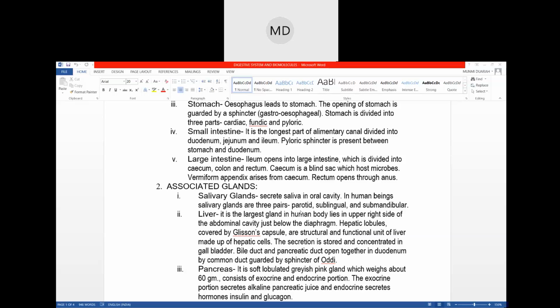For the parotid, I can show you the position. If you open your mouth, on the cheek, on top, on the upper jaw portion, if you touch it with your tongue, you will feel a little bit of a protruding muscle.